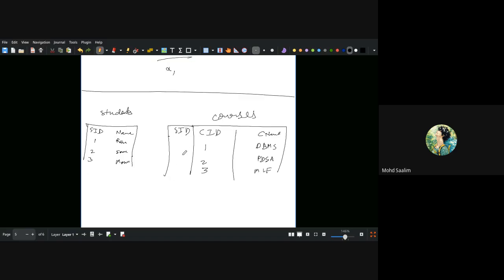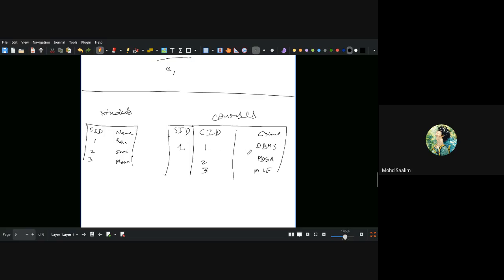We have three students and three courses. Based on what I fill here, it will be decided what the number of rows in the outer join is. Let me give you a very simple scenario. SID 1 is associated with course ID 1.